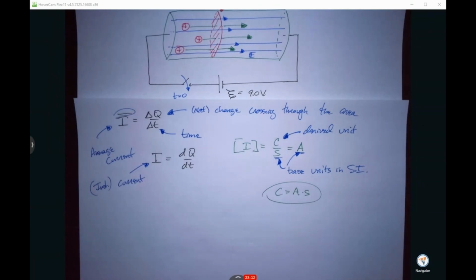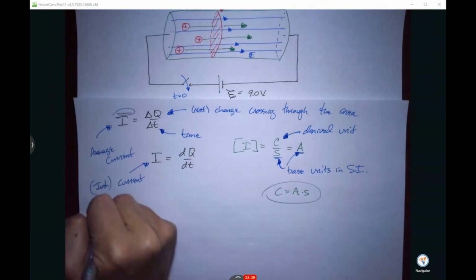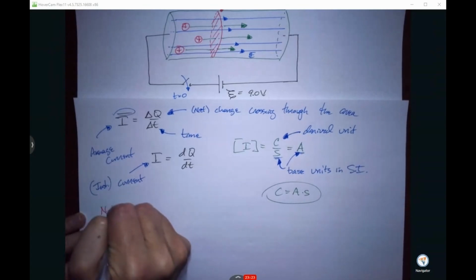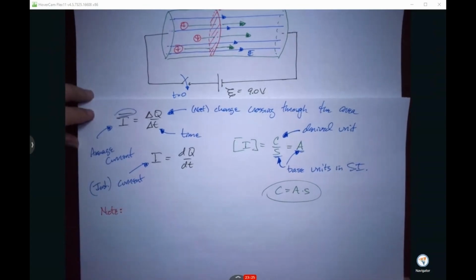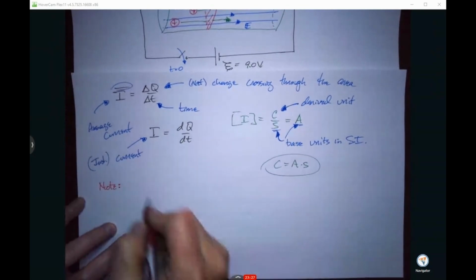So that's our current. I need to make one other important point, and I think I mentioned this before, at least I hope I did. Maybe not.